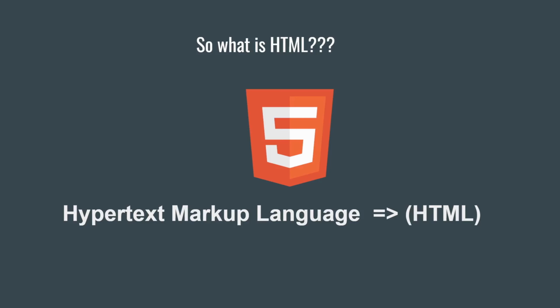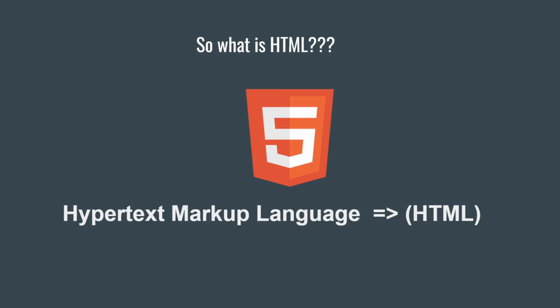What is HTML? HTML is the language that is responsible for making the structure of the web pages. HTML also stands for Hypertext Markup Language, and from that, you will find that HTML is a markup language.